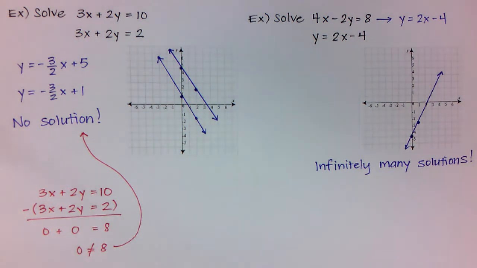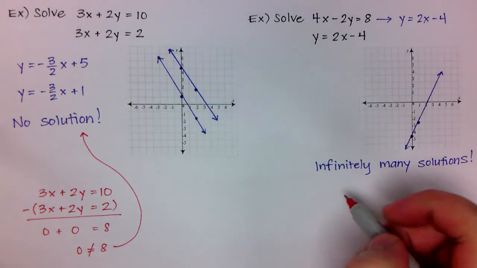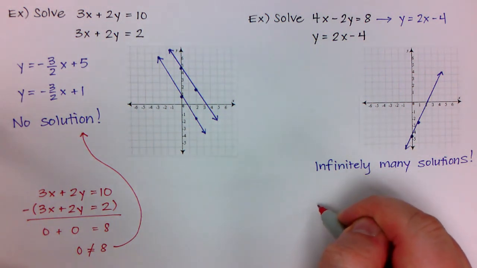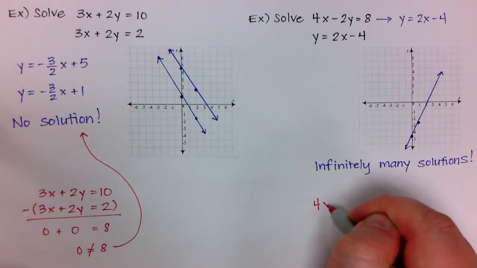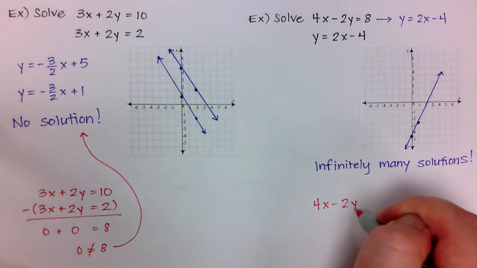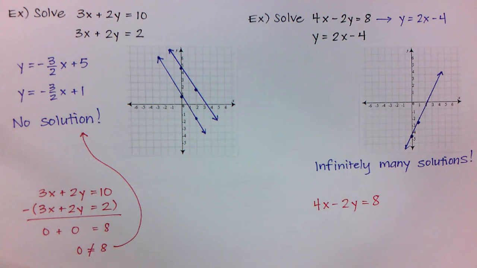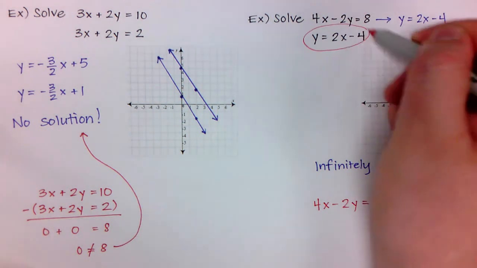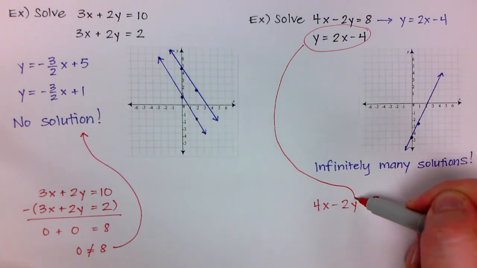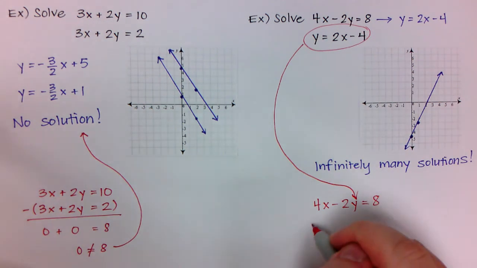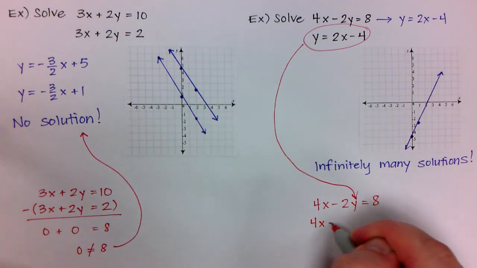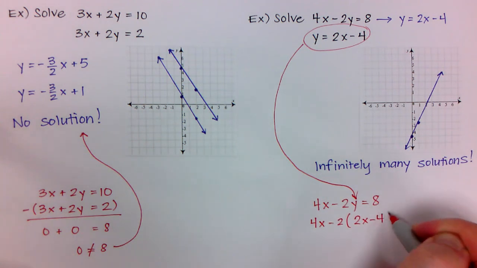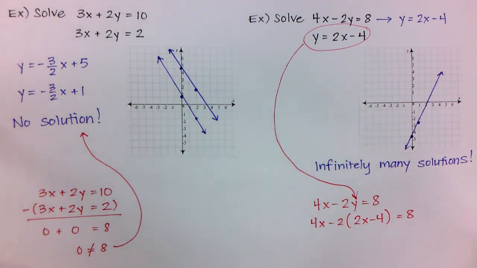You could have also solved this a different way. If I wanted to do substitution, I would write down my first one. And because I have what y is equal to, I'm going to take this and substitute it into that first equation. So I'm going to rewrite it: 4x minus 2 times (2x minus 4), that's what y was, is equal to 8.